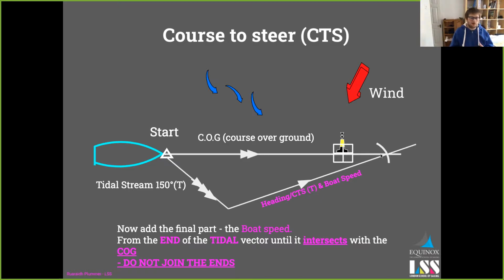Just to say, this is a six-mile journey from start to finish point. The tide is with me a little bit, with and across, and I'm travelling at 6 knots of boat speed. So if I've got 6 knots of boat speed, this line will be 6 miles long.